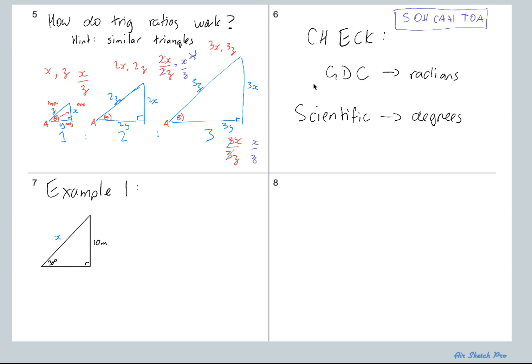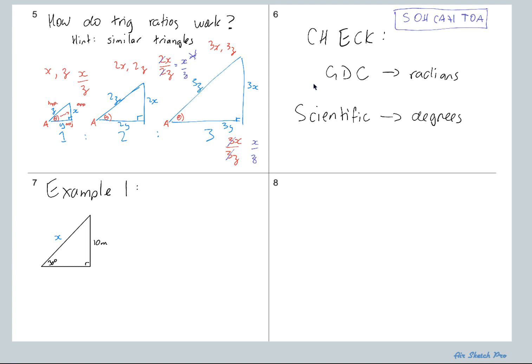Great. Okay, so what we do is we set up the problem. This is the way I do it anyway. I set up the problem by identifying what I need to know and what trig ratio will get me there. So here's what I need to know: I need to know the hypotenuse. So out of the three trig ratios, sine and cos deal with hypotenuse, right? Because TOA is opposite and adjacent.